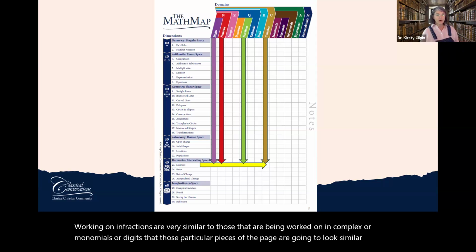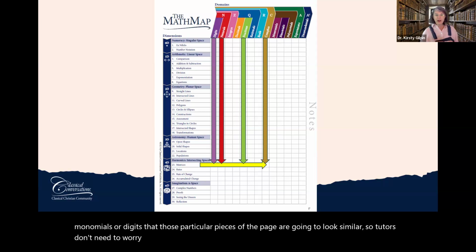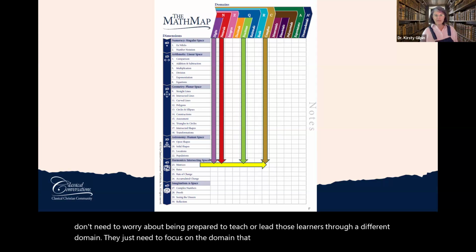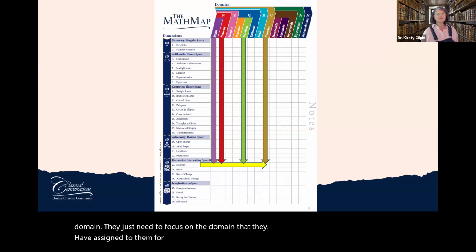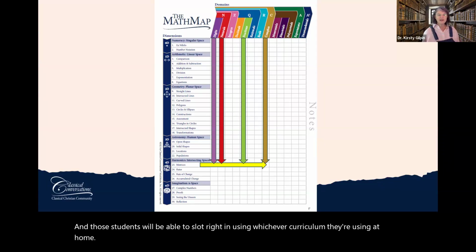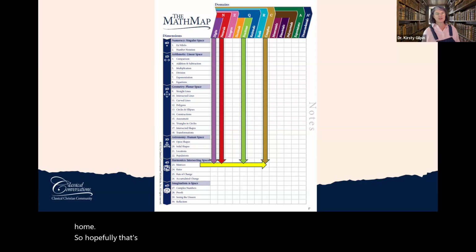So tutors don't need to worry about being prepared to teach or lead those learners through a different domain. They just need to focus on the domain that they have assigned to them for their particular level, and those students will be able to slot right in using whichever curriculum they're using at home. So hopefully that's helpful in answering that question. And that's just what we've been doing this year.